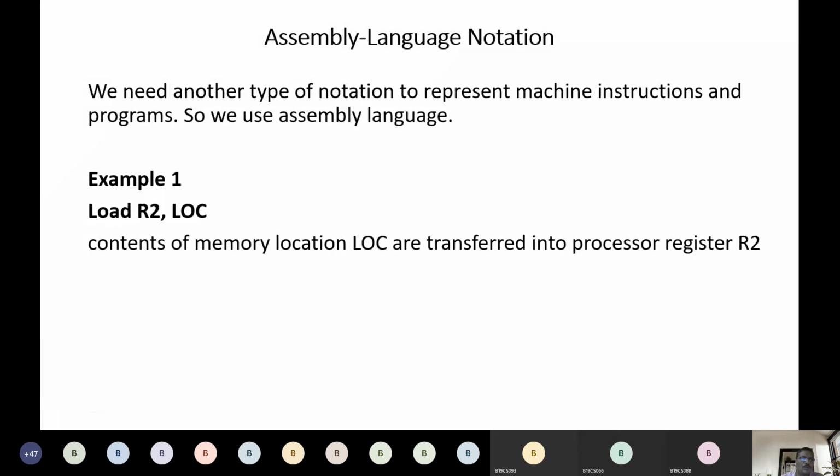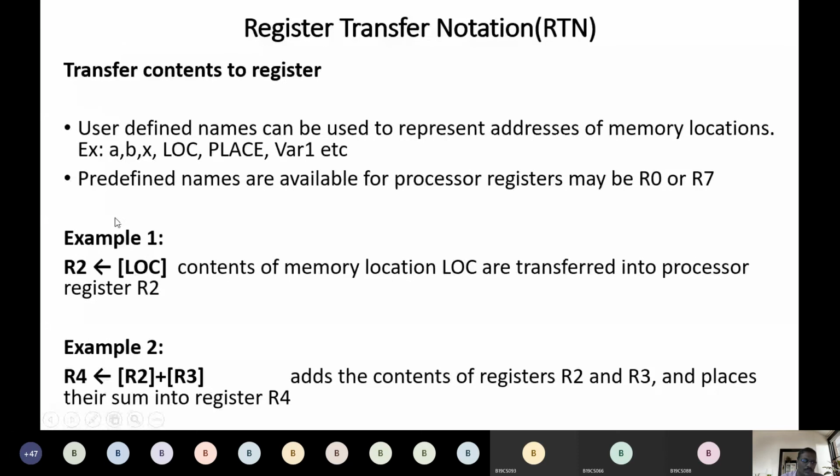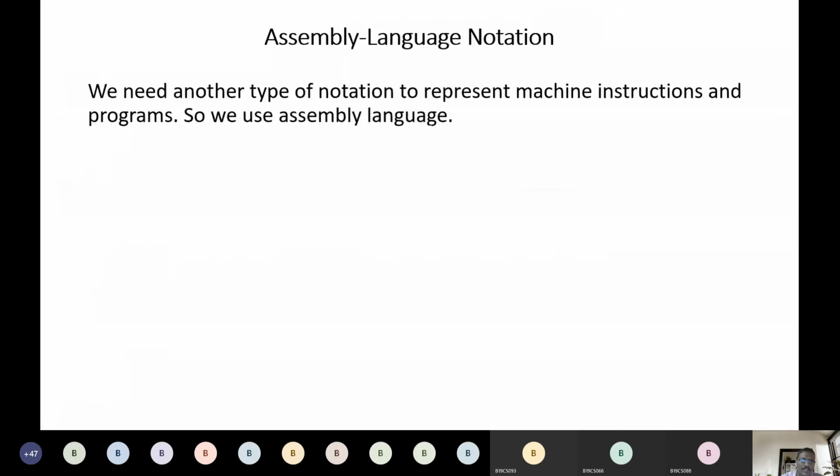Here the contents of memory location LOC are transferred to processor register R2. We did the same thing in the previous notation also, but the representation is different. Previously we used R2 ← [LOC], with the arrow. The same thing we now represent with assembly language notation.